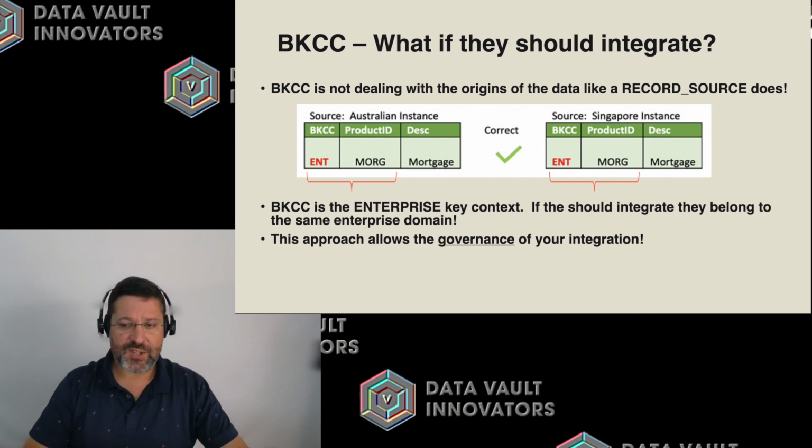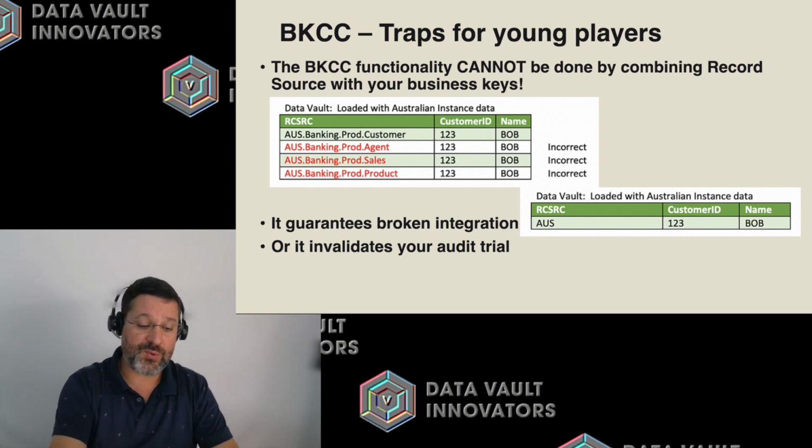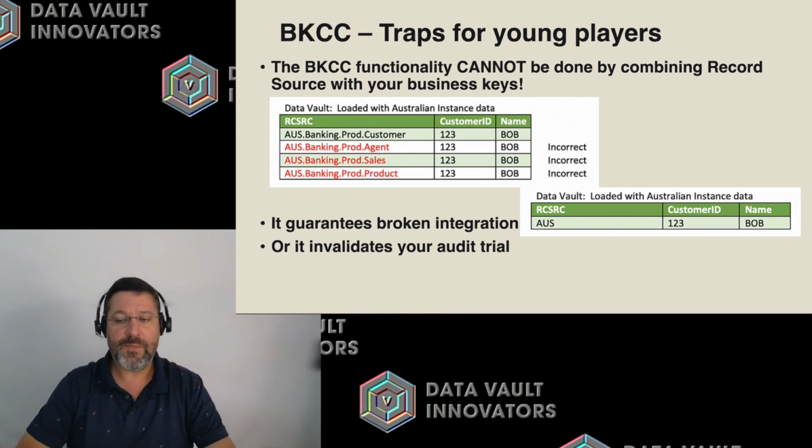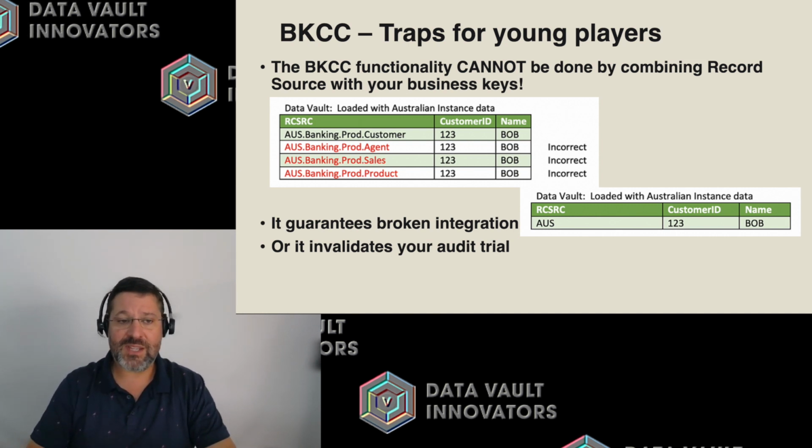There are a couple of traps for young players that you need to be very wary about. Some of the approaches in the past have used a record source. Here's a good example of what record source should look like. If you use the combination of record source and the business key, remember that you will see it from all sorts of different places.